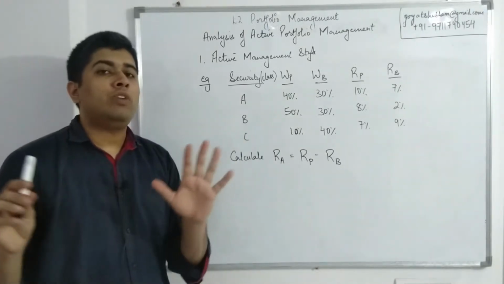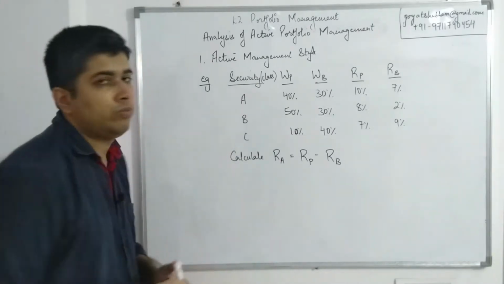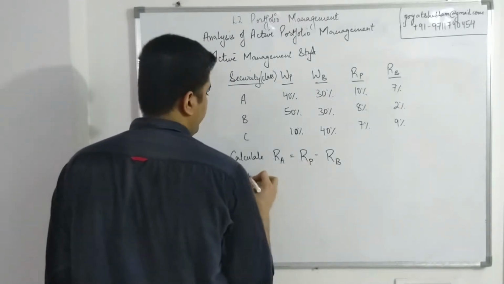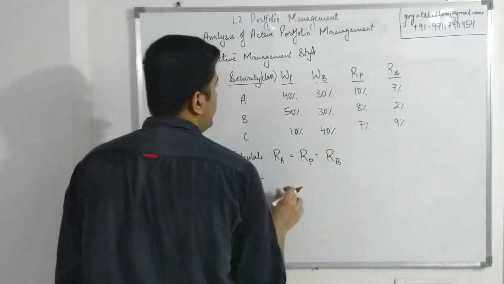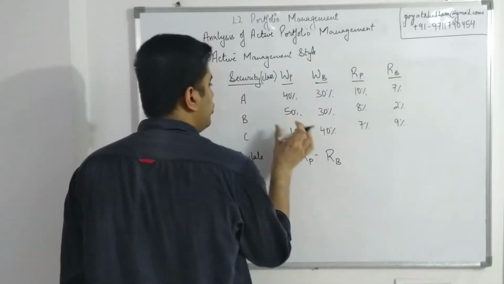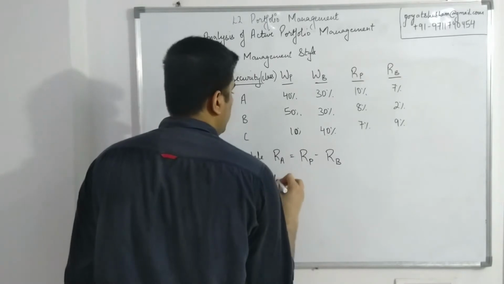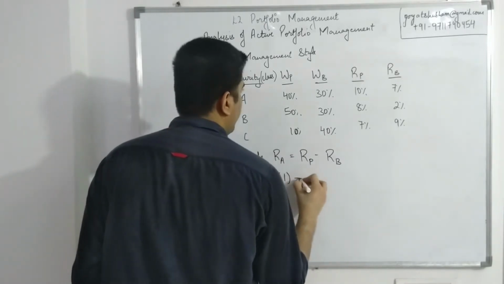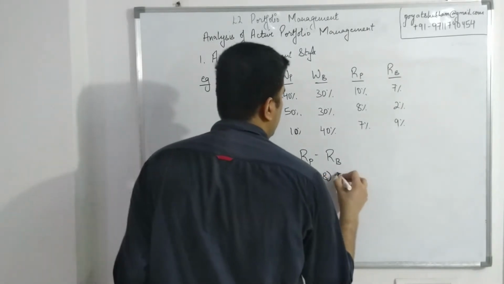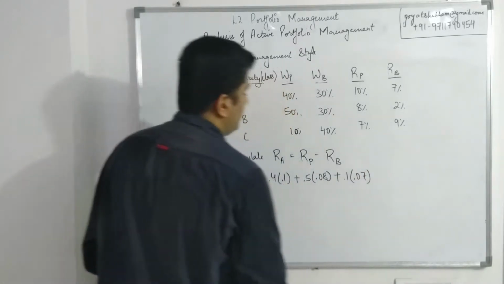So I'm assuming you have solved it. If you had any doubts or if you've done it, you can cross-check your answer with the following steps that I'll be taking. Firstly, we need RP. RP is going to be weight of portfolio times return of portfolio. So I'll use both weight and returns from the portfolio section. So it would be 0.4 × 0.1 + 0.5 × 0.08 + 0.1 × 0.07.